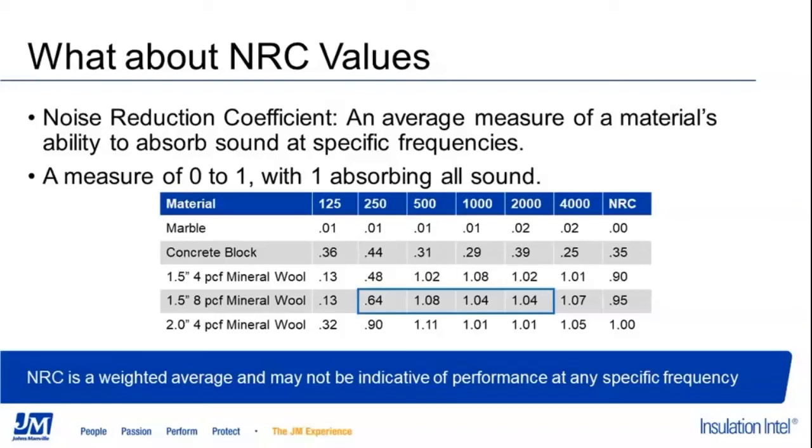When this measurement technique was originally developed, it was established with a scale of noise reduction from 0 to 1, with 0 being little to no absorption and 1 being maximum absorption. But as you can see, looking at the table, there are some numbers that show up in the individual absorption coefficients.